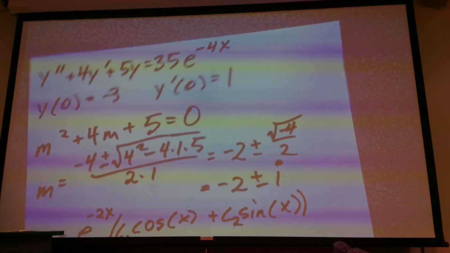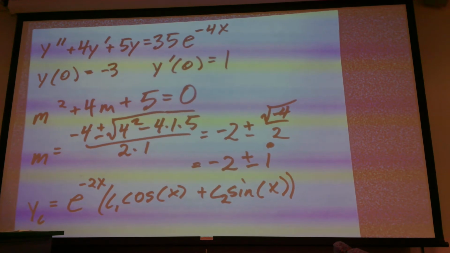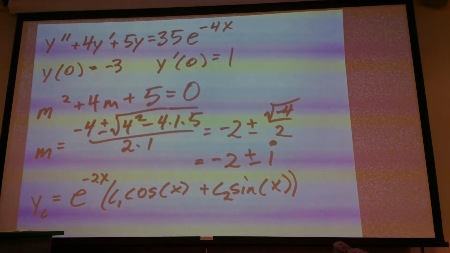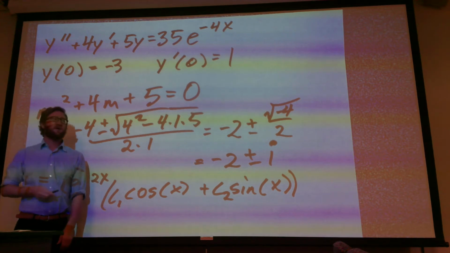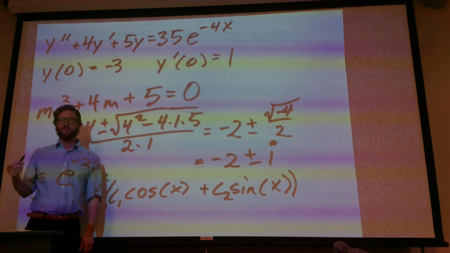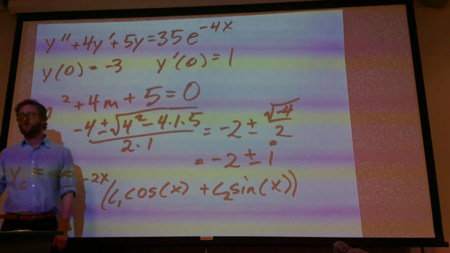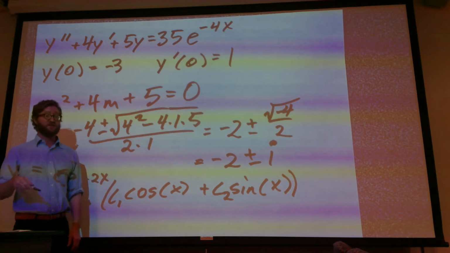All right. Now, you look at the right-hand side of the problem, and this is the idea behind the method of undetermined coefficients, that there's an e to the minus 4x on the right side of this problem. So whatever solution I plug in for the value of y into this differential equation, I want the complementary part just to go to 0.